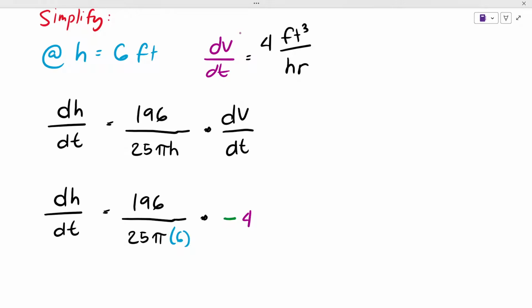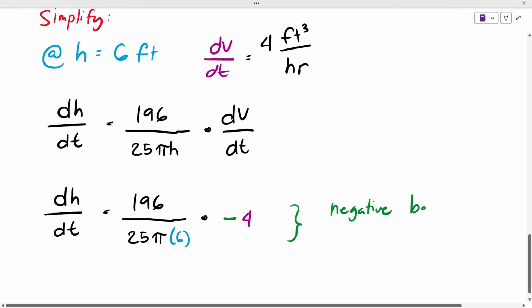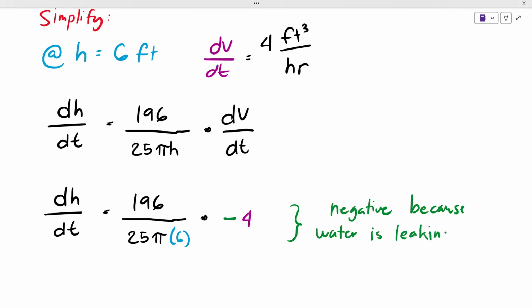Why negative? Because water is leaking out. The water level is reducing, right?